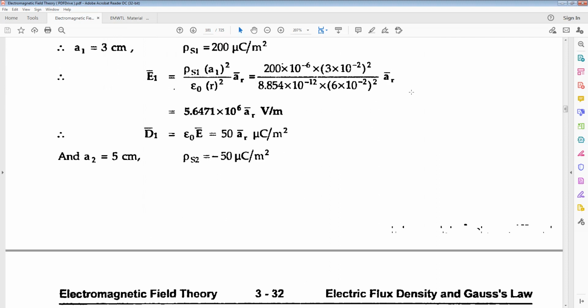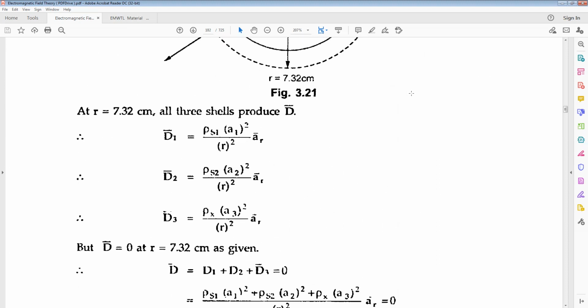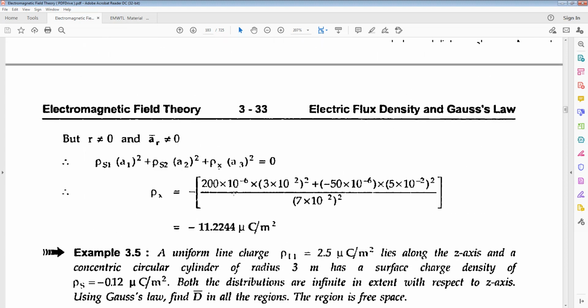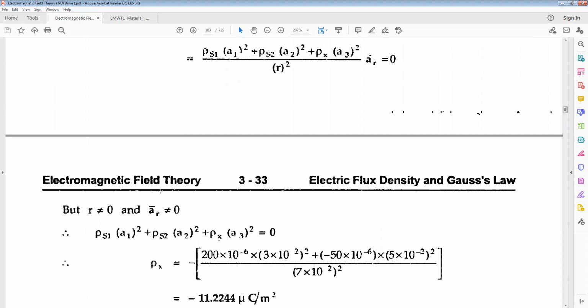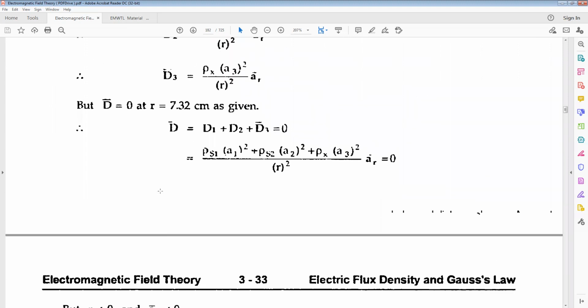So finally we get the rho x here. Rho x is equal to minus 11.224 microcoulomb per meter square. At this value of rho x, rho s, the D bar is equal to 0 at a radius of 7.32 centimeters.